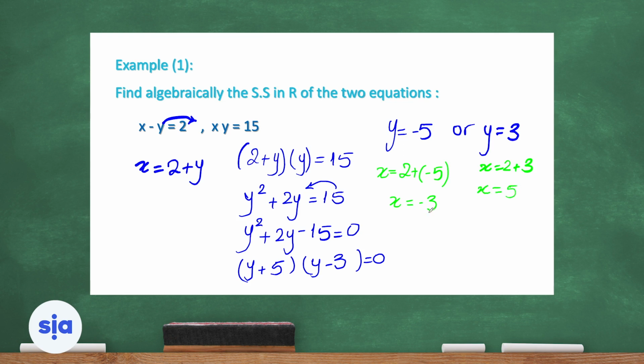So the two values of x and y, it's either x equals negative 3 and y equals negative 5, or x equals 5 and y equals 3. So here we have two solution sets, either -3 and -5 or 5 and 3.